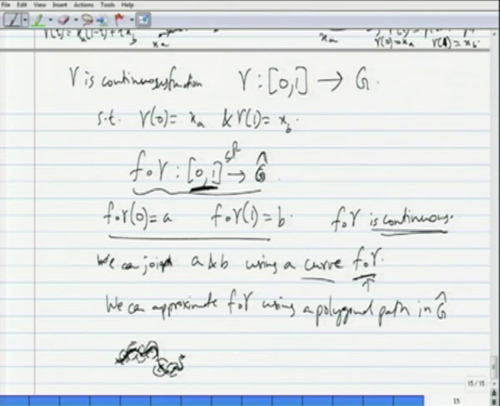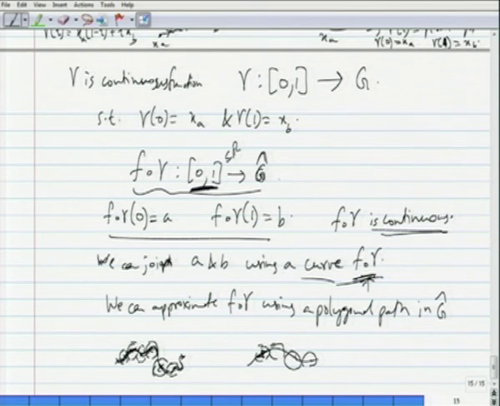Okay. And so, by compactness you can choose finitely many balls, and those epsilon balls will cover the path, the curve f circle gamma. And within each of these balls, however curvy f circle gamma is, you can correct it to be a polygonal path.